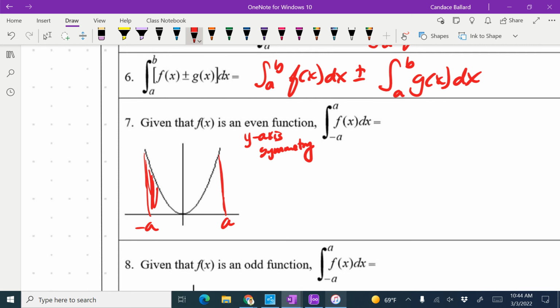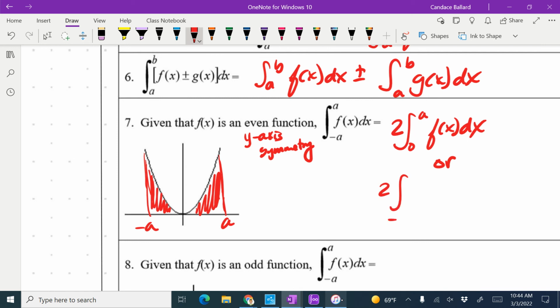But shouldn't the area here and the area here be the same? They're the same distance out from 0, just one positive, one negative. So if they're the same, I could integrate just from 0 to a of the function and double it. Or I could double integrating from negative a to 0 of the function.